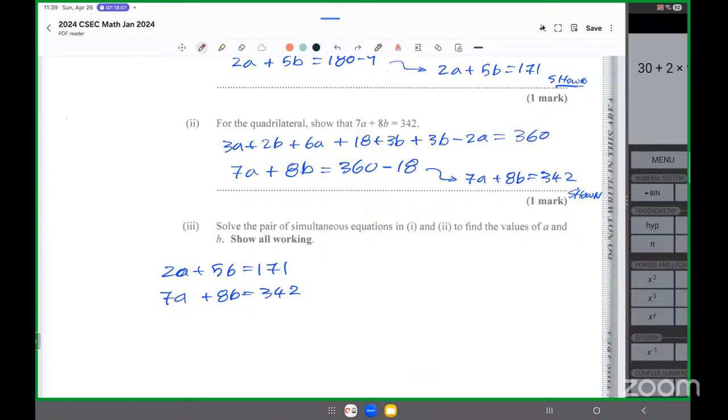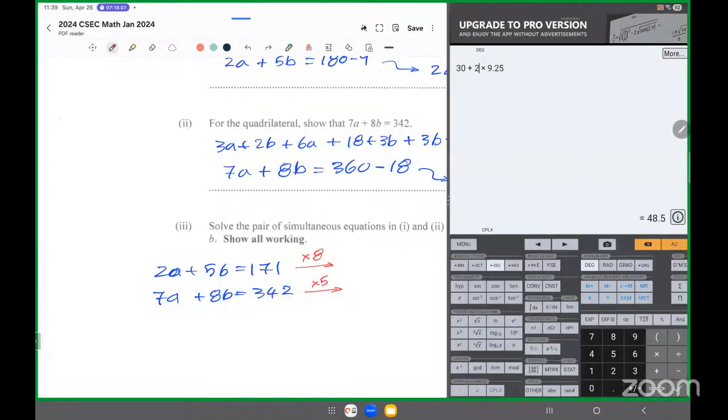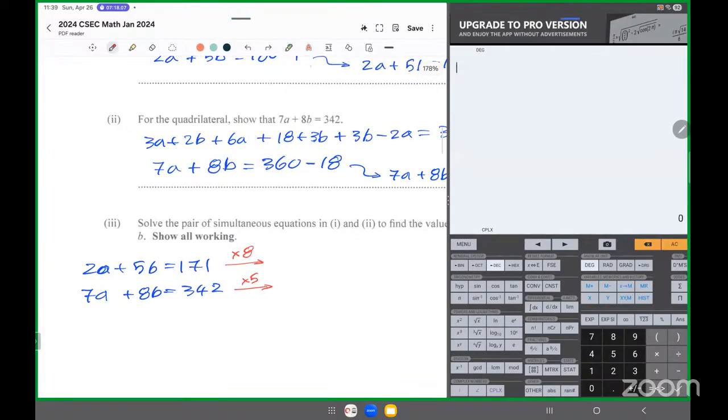So we'll multiply this one by 8. I'm going to multiply this one by 5. So that the two B values become the same. I'm going to find the A values first. So multiply all of those values by 8.